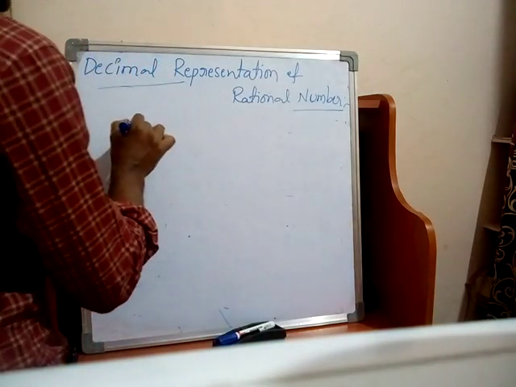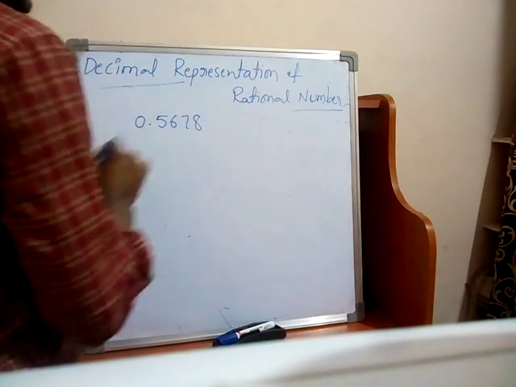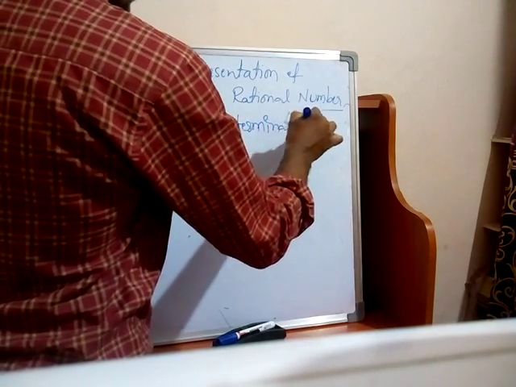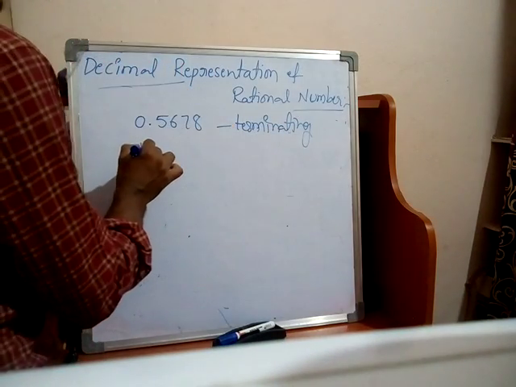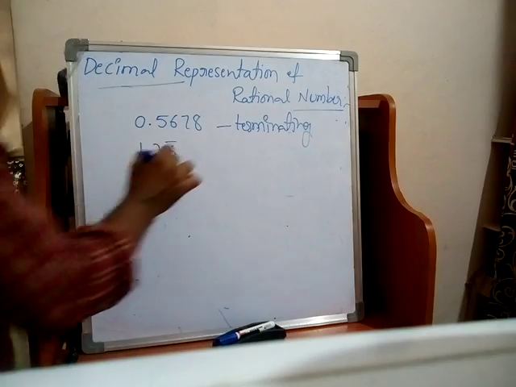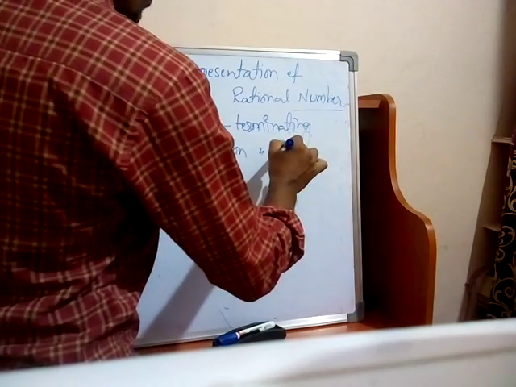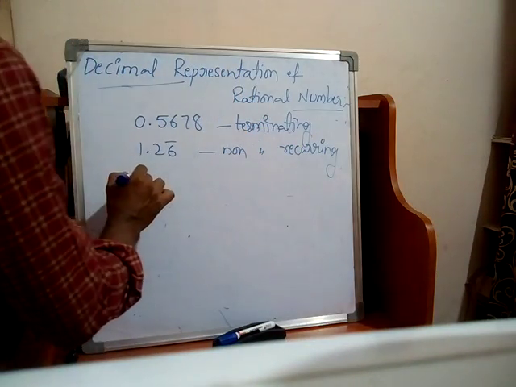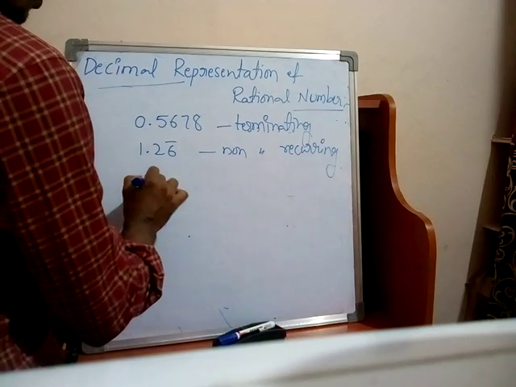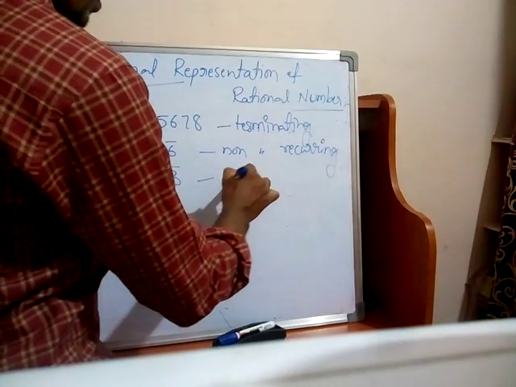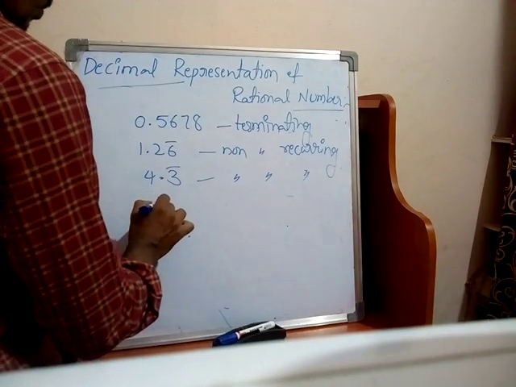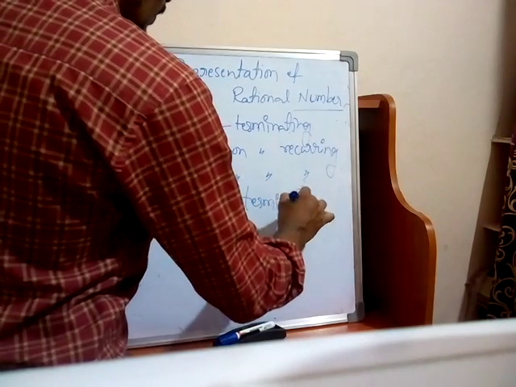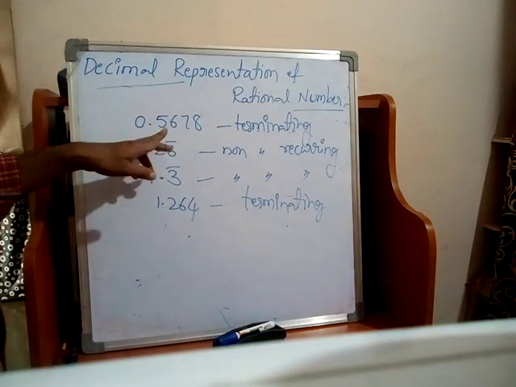Now see this. 0.5678, this is a terminating decimal. 1.26 bar, this is a non-terminating recurring decimal. 4.3 bar, this is also a non-terminating recurring decimal. 1.264, this is a terminating decimal.